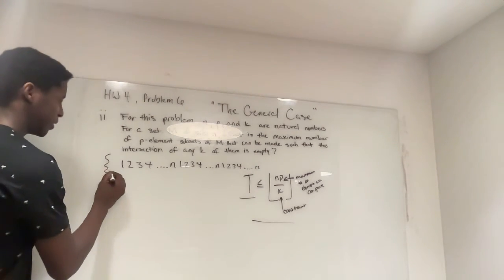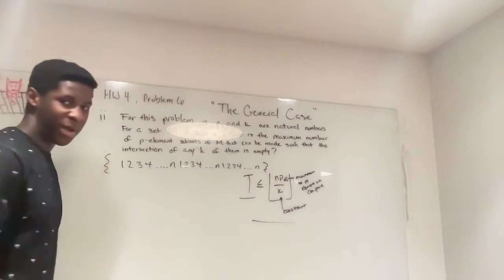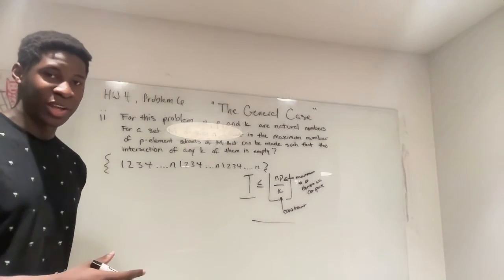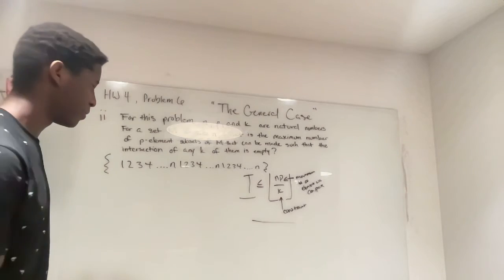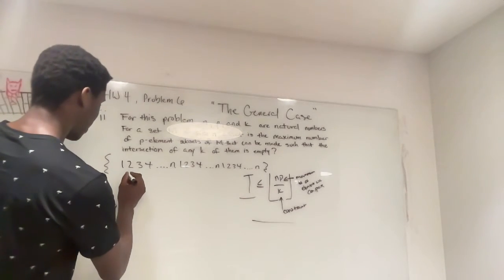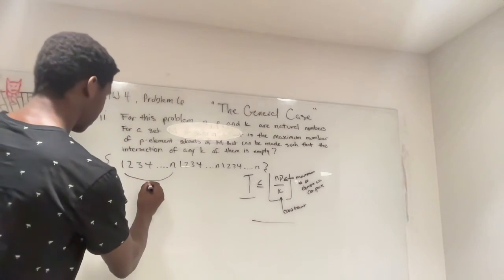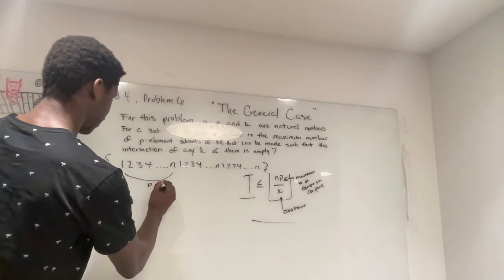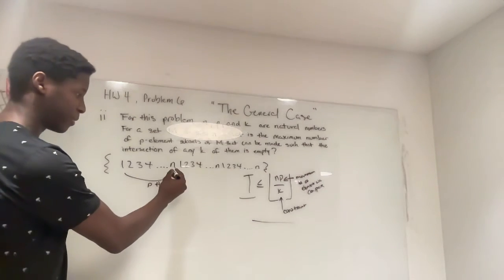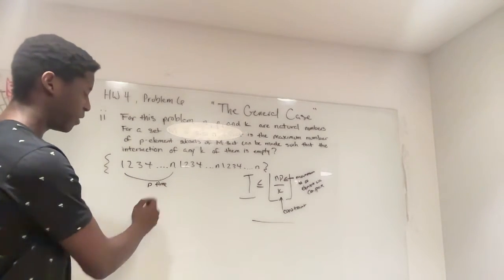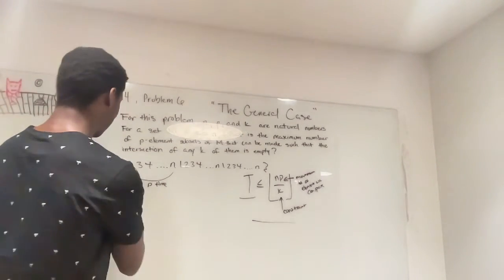Let's say that this list is the maximum number of elements that we can actually select from to create our subsets. And every time that we repeat, we end up with size n times p times. This represents np.